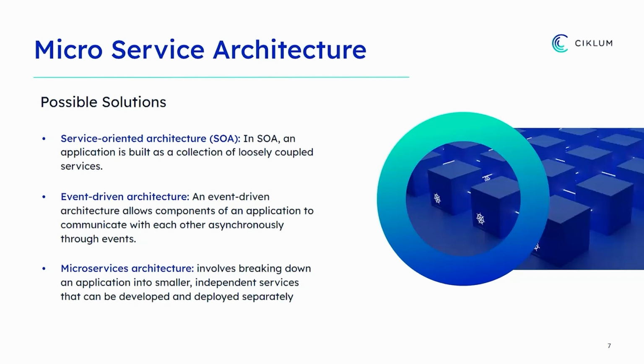Another option could be event-driven architecture. What we can do is break our system into multiple mid-level segments, and then these segments start talking with each other based on events. That could be another possibility. And the other possibility could be microservice architecture.